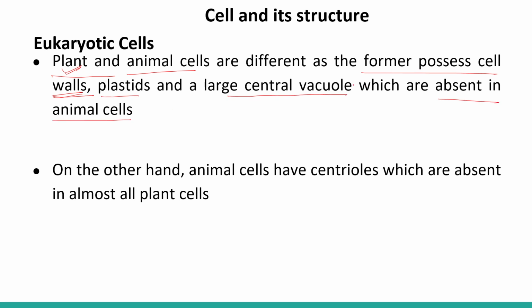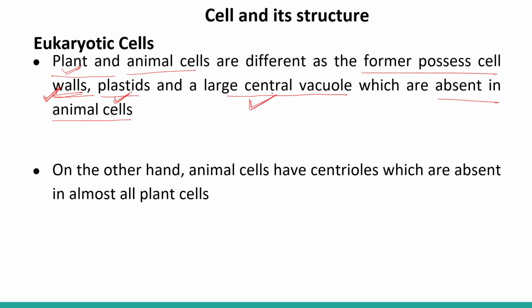If we talk about the plant cell, it has a very important wall called the cell wall made up of cellulose. This is totally absent in the animal cell. Plastids are also present and a large central vacuole.